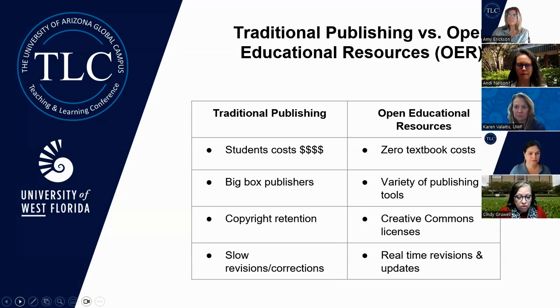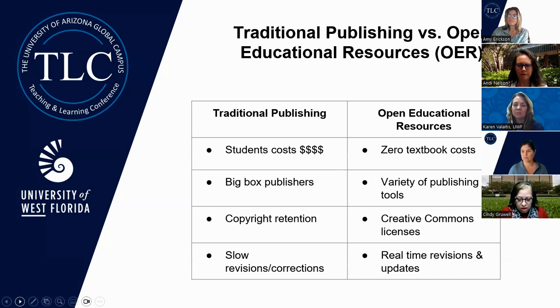They're produced by a variety of publishing tools. In our case at University of West Florida, we use Pressbooks. There are others that you may have heard of, such as LibreText, Manifold, Katia, and Rebus. Open educational resources, for the most part, have Creative Commons licenses.